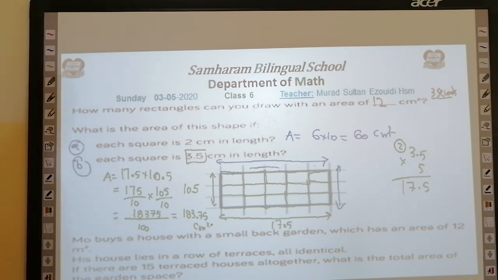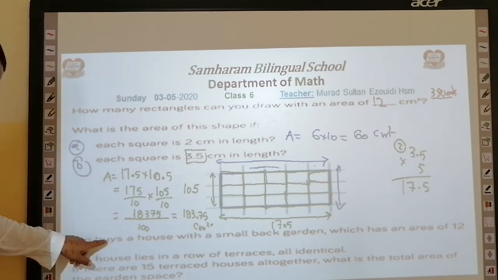Then Mayo buys a house with a small back garden which has an area of 12 meters squared. His house lies in a row of terraces, all identical. If there are 15 terraced houses altogether, what is the total area of the garden space? Okay.